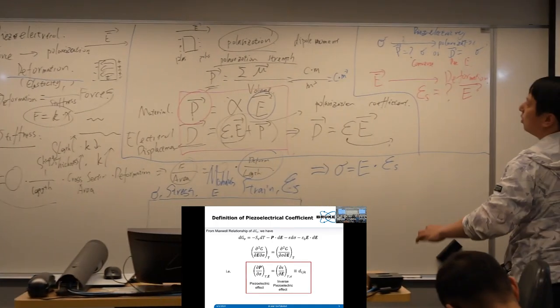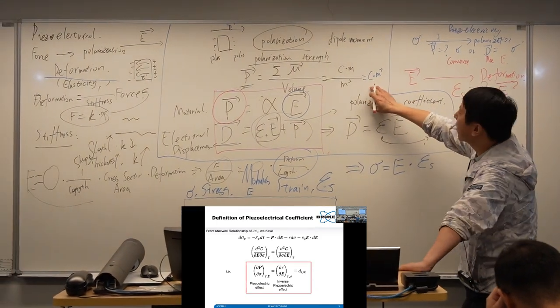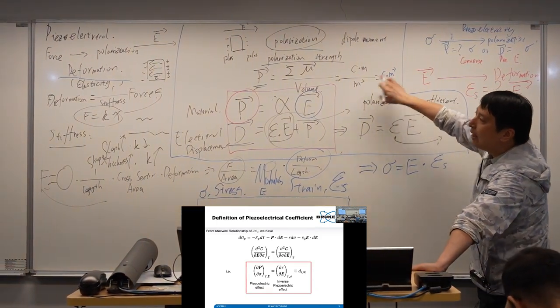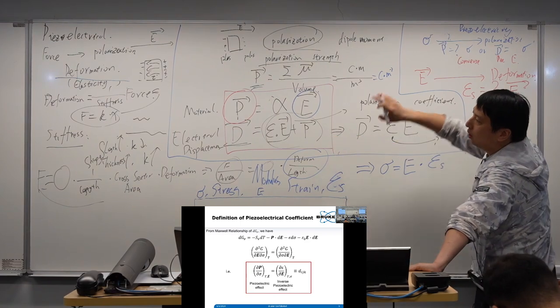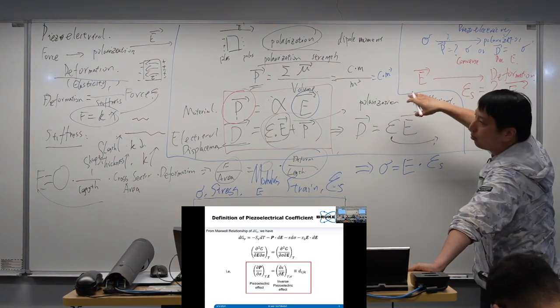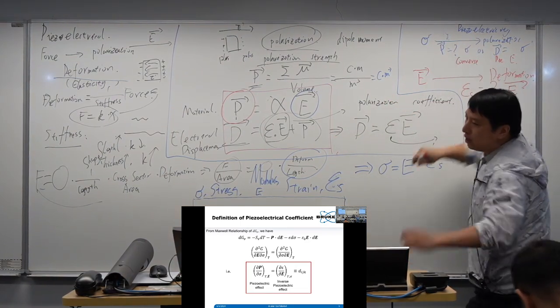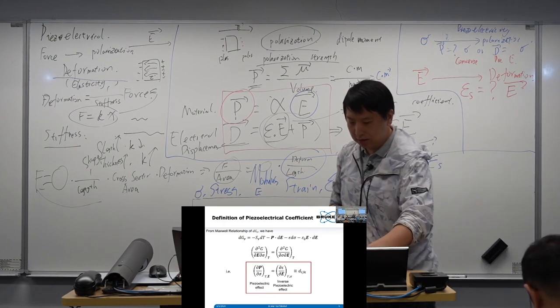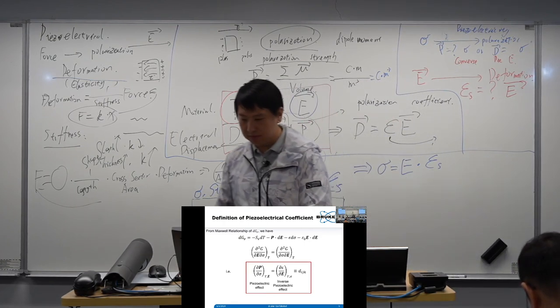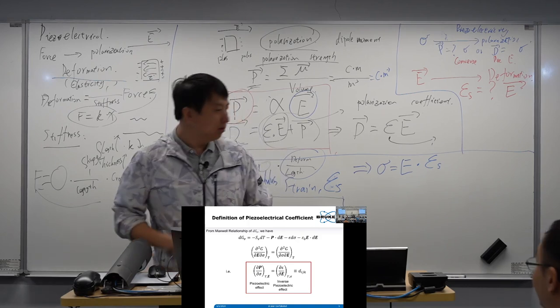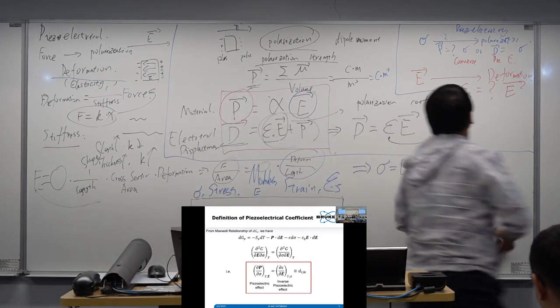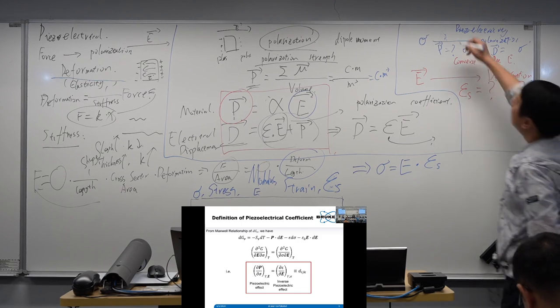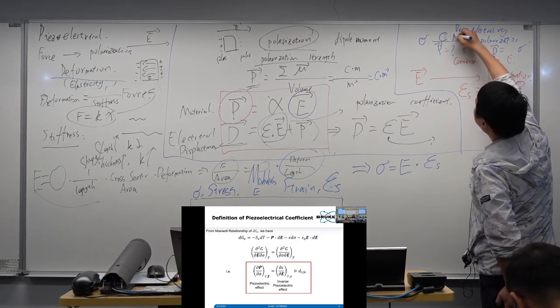The unit of polarization is Coulomb per meter square, and the stress is Newton per meter square. So the unit here will be Coulomb per Newton.